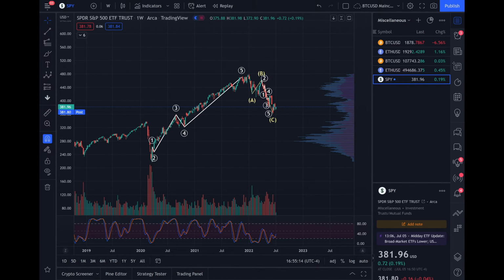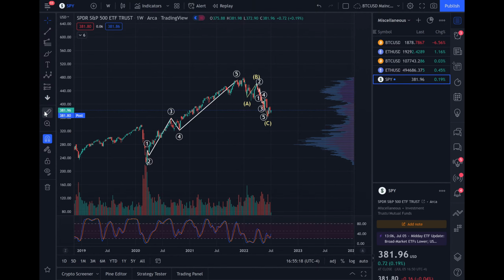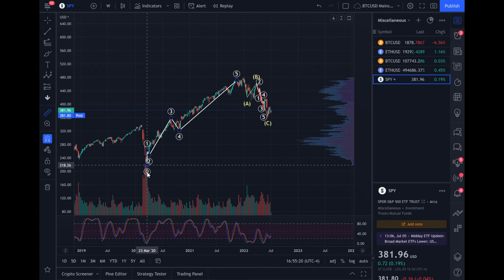I'm not going to go into too much detail. This may be correct or it may not be correct, but that's just my initial thing, if I had to count that. But what I would do is to see if this is sufficient, right? The guideline in Elliott wave is that waves of the same degree are proportional in time and in price.